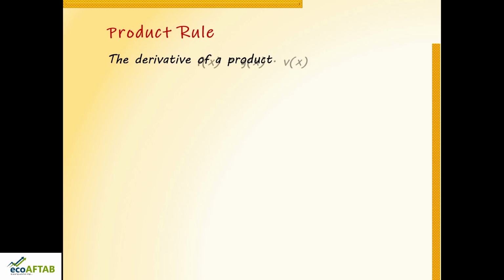Now, let us move ahead and see what is product rule. So, the derivative of a product f of x is equal to g of x into v of x.